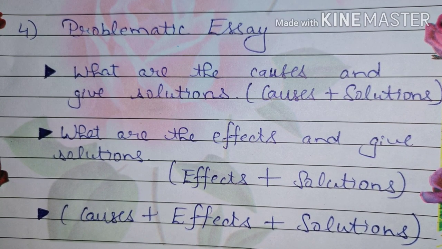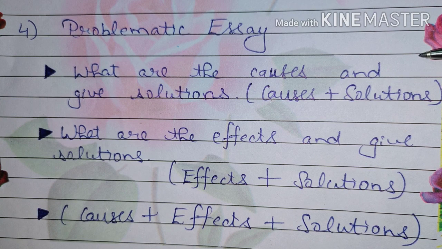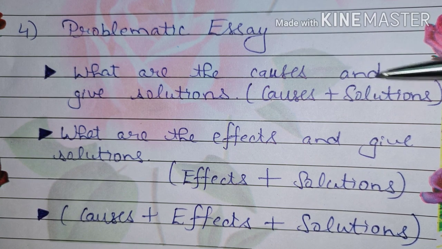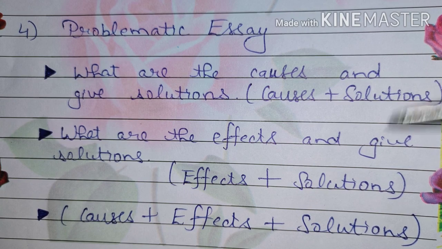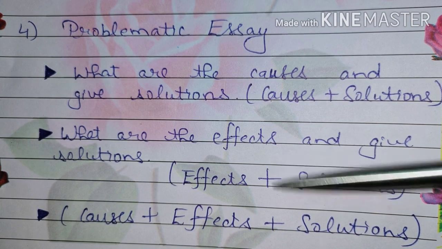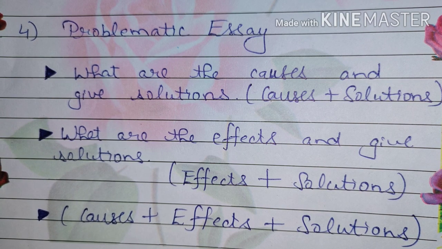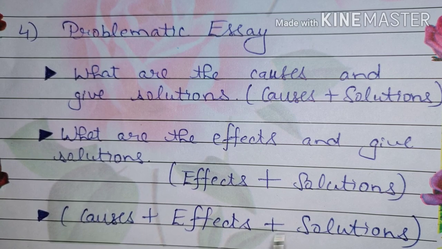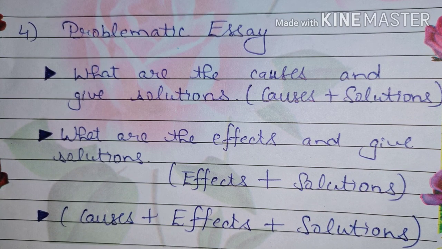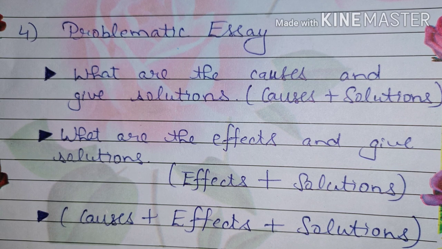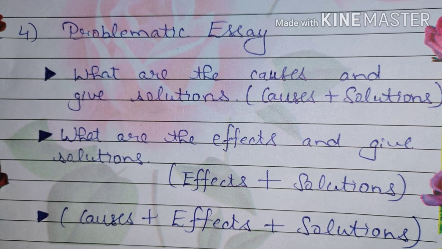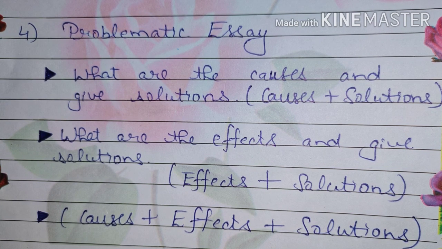So that means your question may ask you to write the causes of the problem along with its solutions, and sometimes the effects of the problem and its solutions. But in rare cases, the question asks you to describe the causes, effects, and solutions for the given problem. Now, I hope you are clear about the 4 different types of essay.